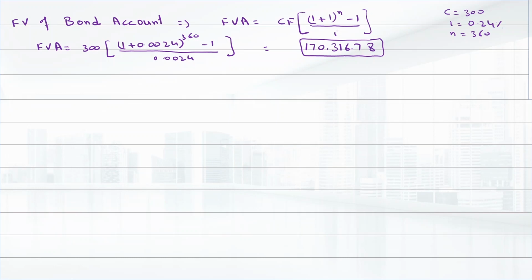After that, we are able to find the total value, that will be the sum of the future value of the bond account plus the future value of the stock account.